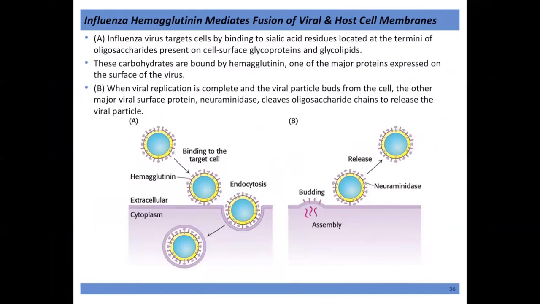So influenza has the hemagglutinin protein. And if you're wondering where that name comes from, it actually causes agglutination, which is aggregation of red blood cells. So heme from the red blood cells, and agglutination, which is aggregation.